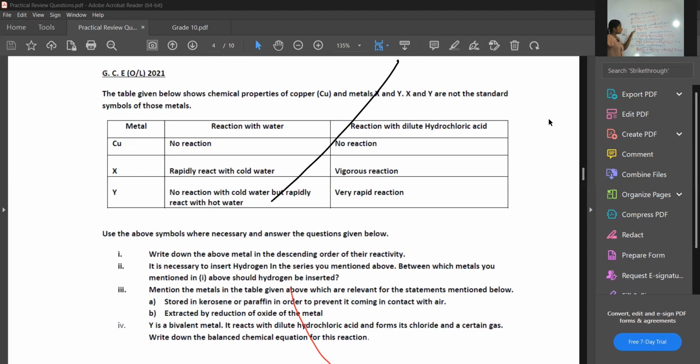If they give a reaction and ask which type it belongs to, then you have to remember these 4: chemical combination, chemical decomposition, single displacement and double displacement. So that is about the changes in matter.